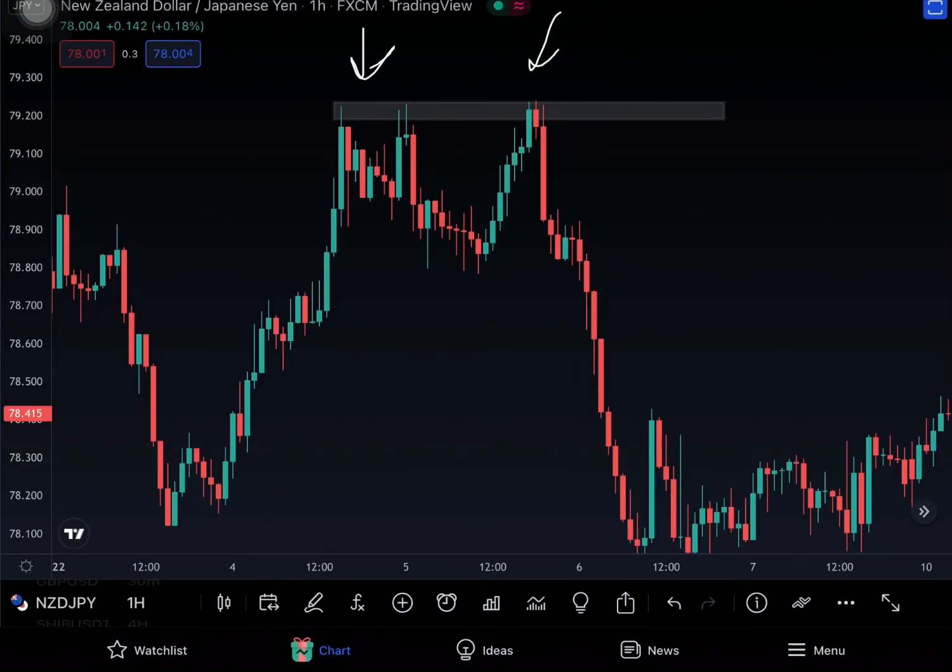Okay, this is how you see a nice and well respected double top pattern or double bottom pattern.